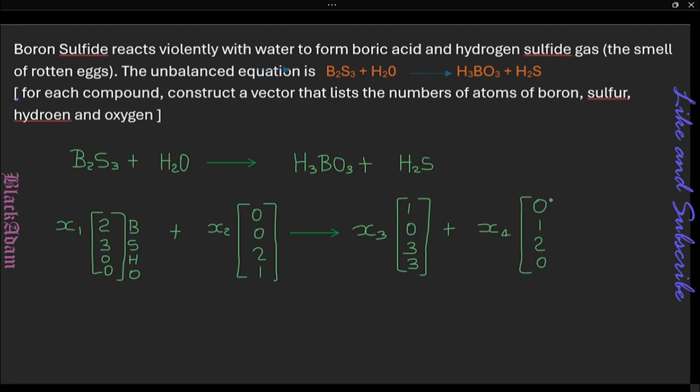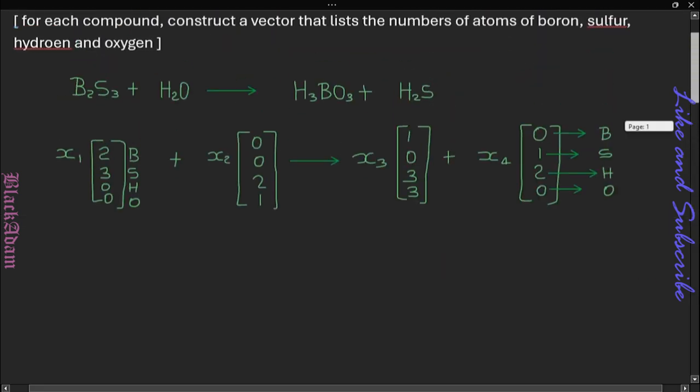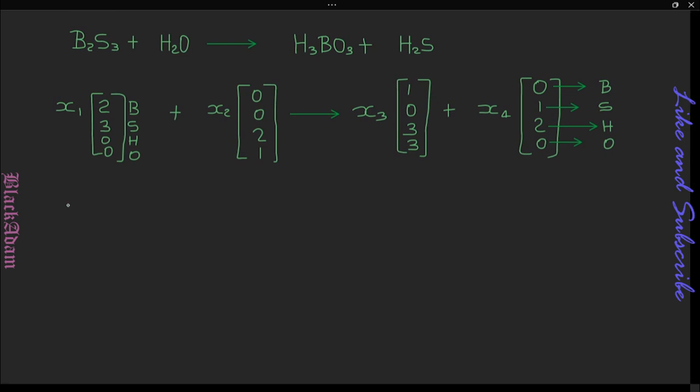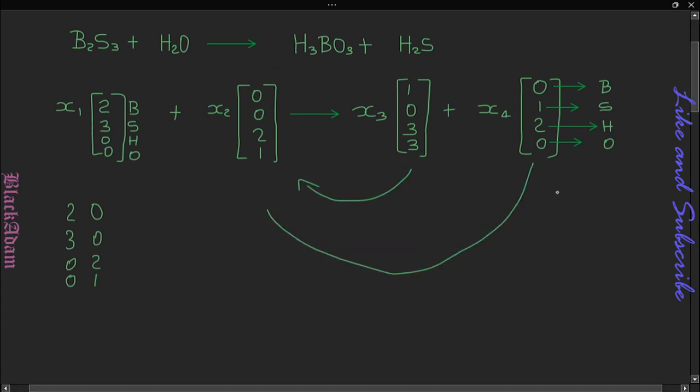Then we're done. So we know that once again that represents barium, that is boron, that's hydrogen and oxygen, sulfide and oxygen. And then from there we write the first column there, and then the second column, which is 0, 0, 2, negative 1, 1, and then that changes sign.